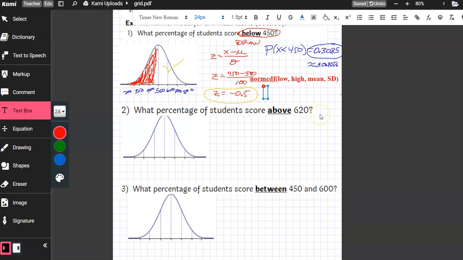The values that we would use for this example: look at the picture. For our lower bound, you want to use a very small number, way out here to the left. So we usually put negative infinity.